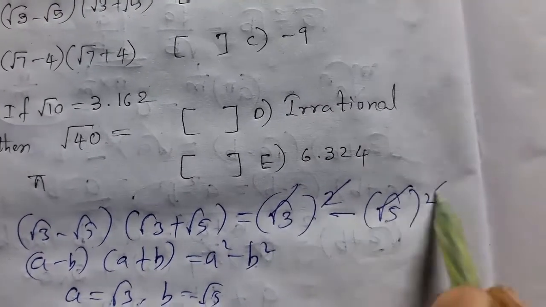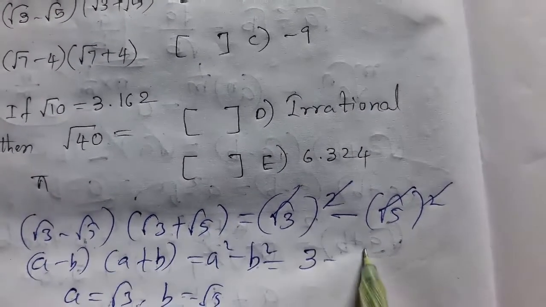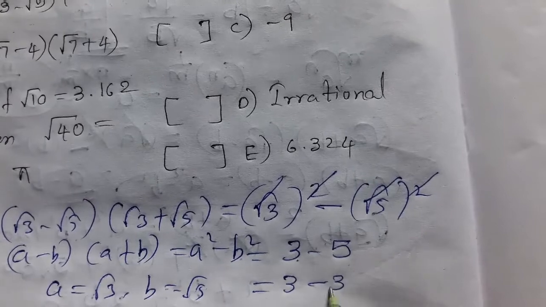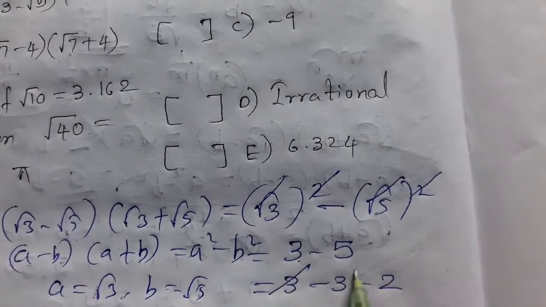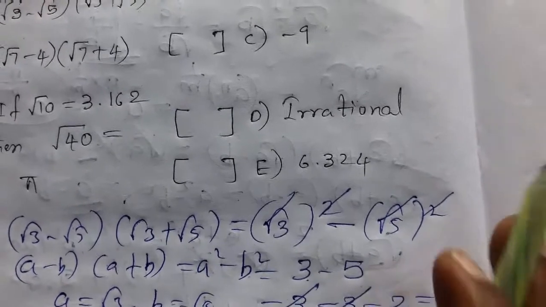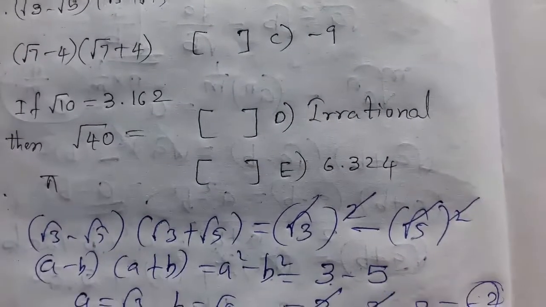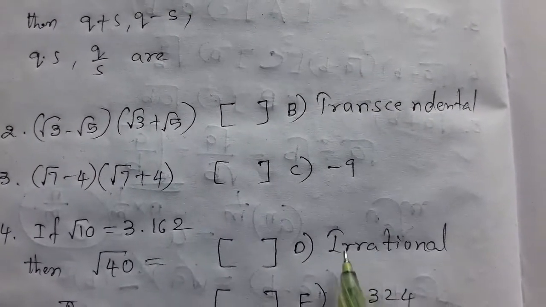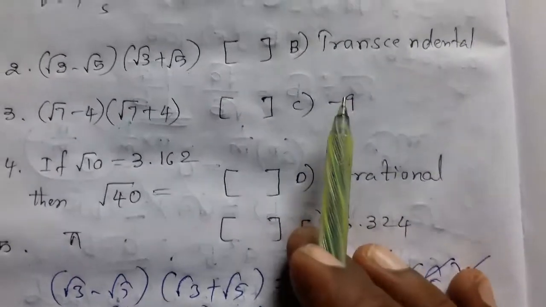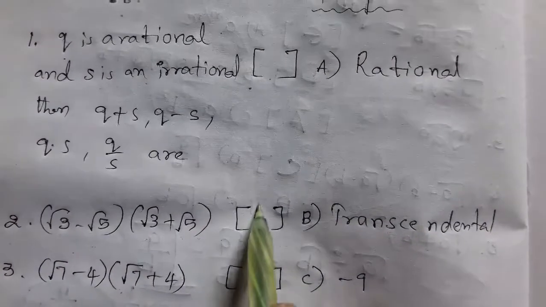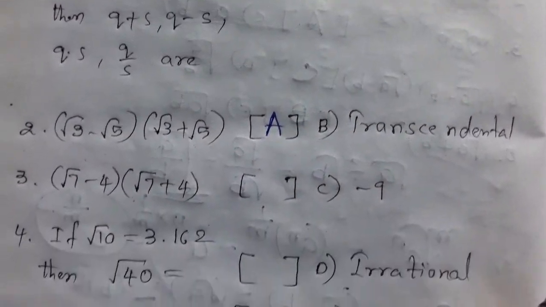The root and square cancel, so 3 minus 5, which is minus 2. Minus 2 is not there, but see the options: irrational and rational. Minus 2 is a rational number, so option A, rational number.